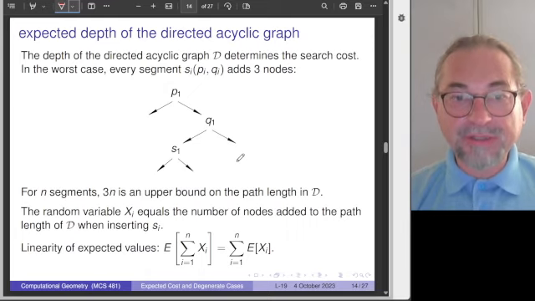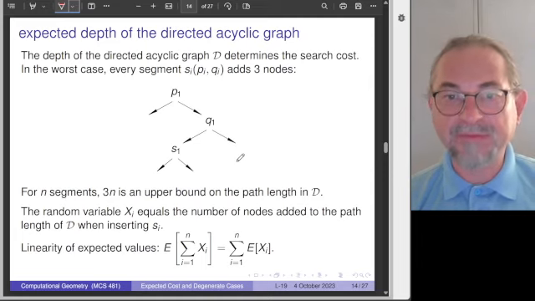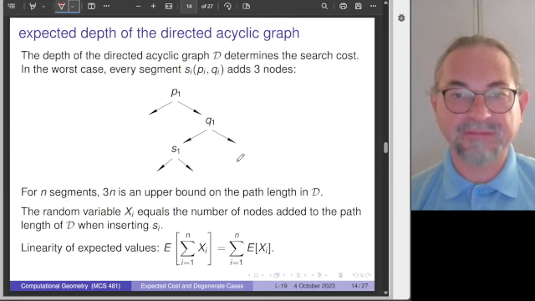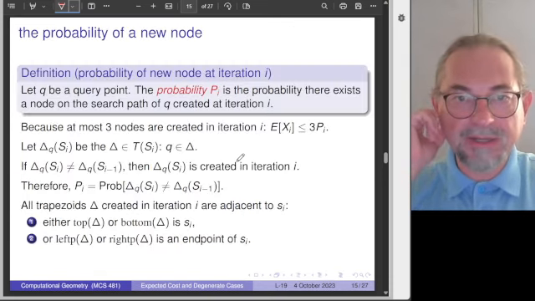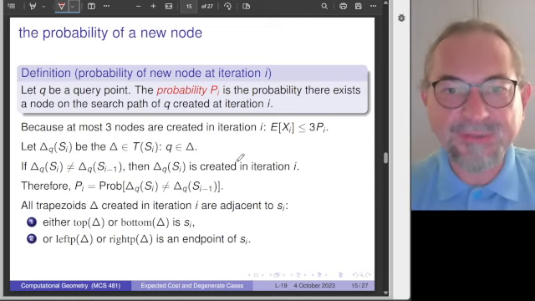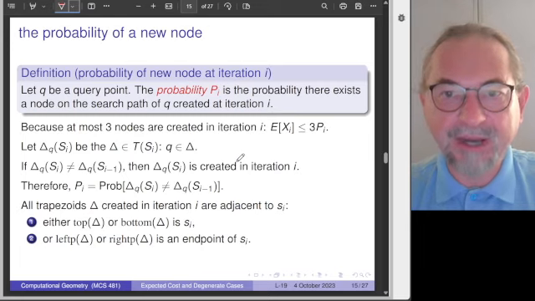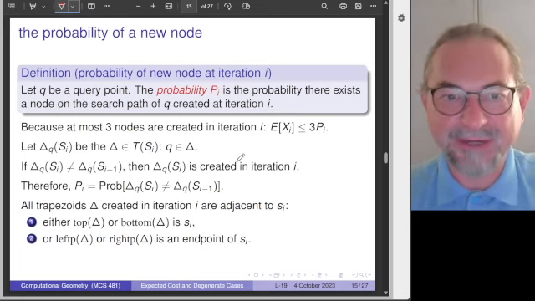We are also exploiting here the linearity of the expected value. The expected value of the sum is the sum of the expected values, which is useful. Okay, so there is the tree that comes in here again. So we have the probability p_i. You can see I'm giving the proofs a little bit upside down, in the wrong order.